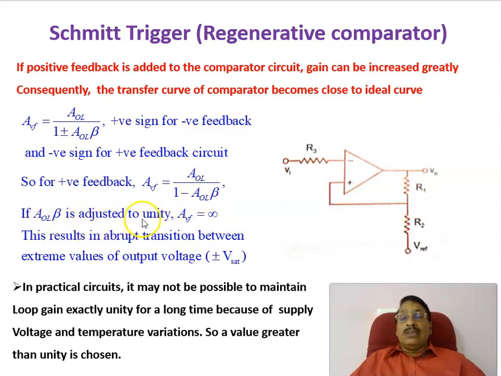If AOL into beta is adjusted to unity, then the gain with feedback is equal to infinity, because 1 minus 1 is 0, and that becomes infinity, meaning that this results in an abrupt transition between the extreme values, plus or minus Vsat.